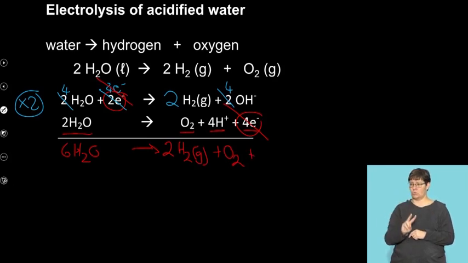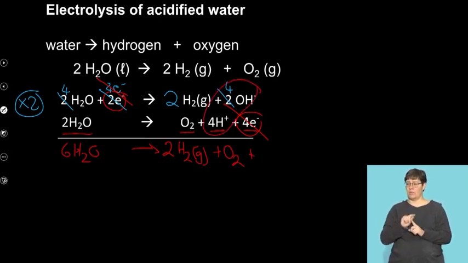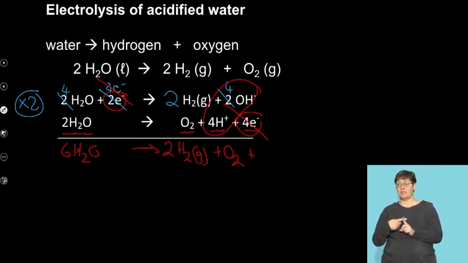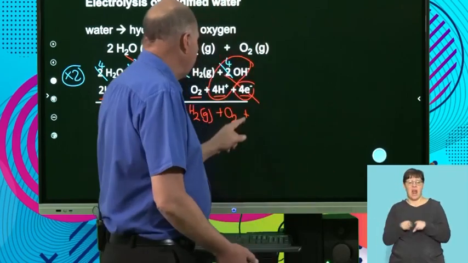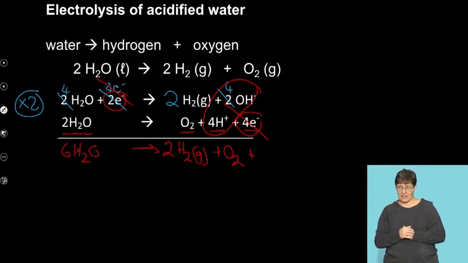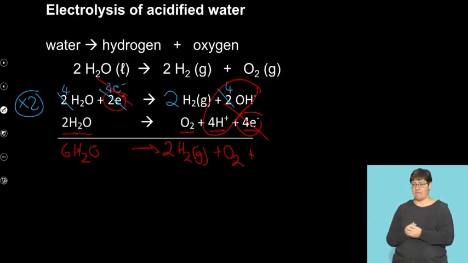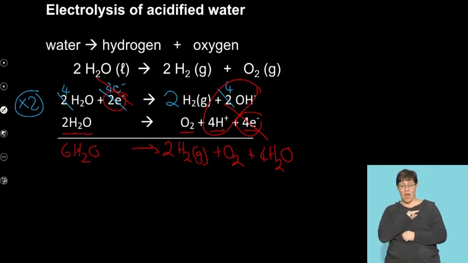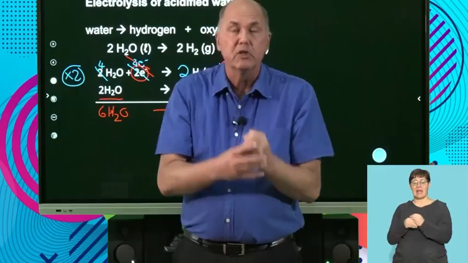Now, here's the combination that we're interested in. 4H plus 4OH minus. What do you think that's going to give us? Well, it's just going to give us extra water, which is like another bit of the product. So on this side, we can write down that we've got 4 water molecules. Because for every hydroxide, we're adding a hydrogen to get 4 water molecules.